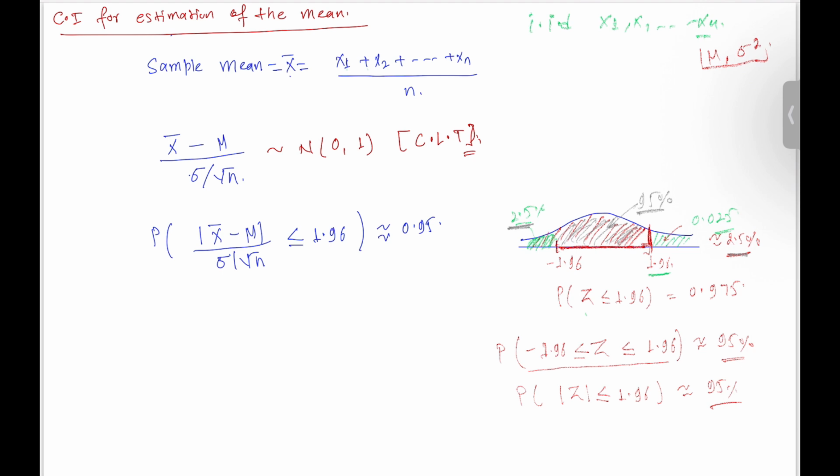This will not be the exact 95% because we are using the approximation from the central limit theorem. But yes, this is the beauty of the central limit theorem. Otherwise it would have been an unsolved problem.